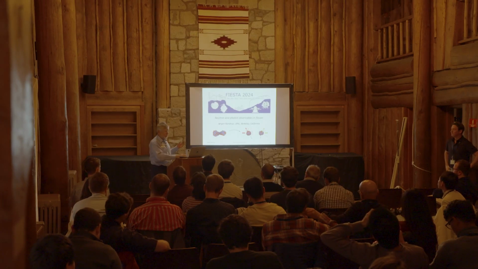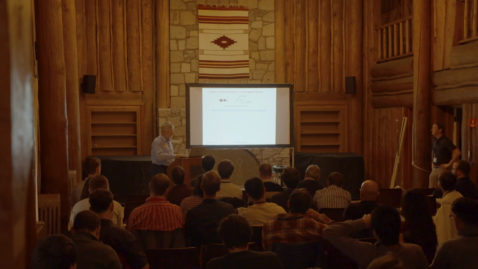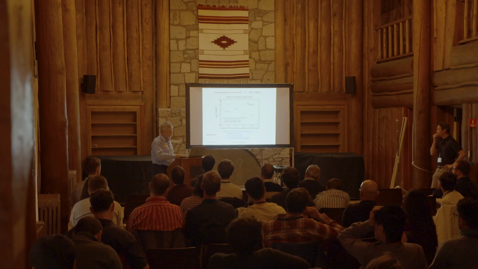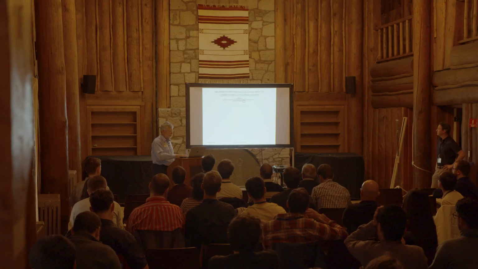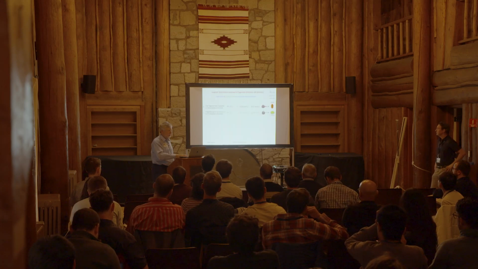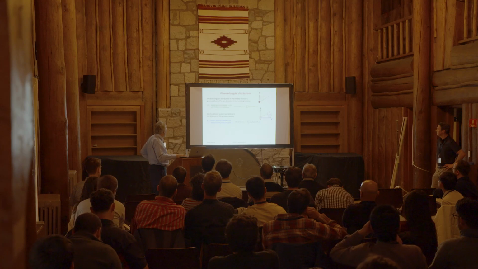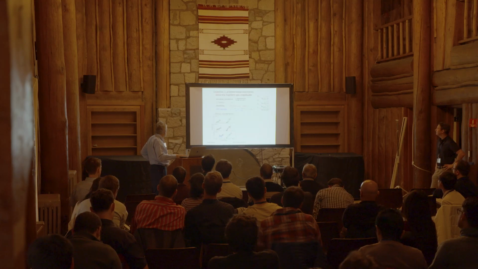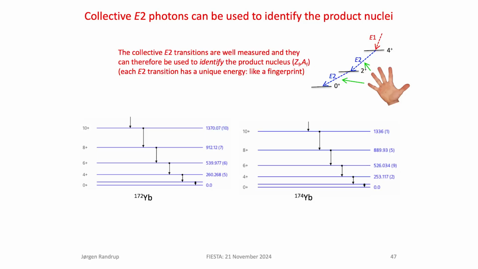You measure the energy of the photon, and according to Dorothea, whom I spoke with the other day, I asked her actually, she said that you can measure these energies down to an accuracy of 1 keV. I think she told me.